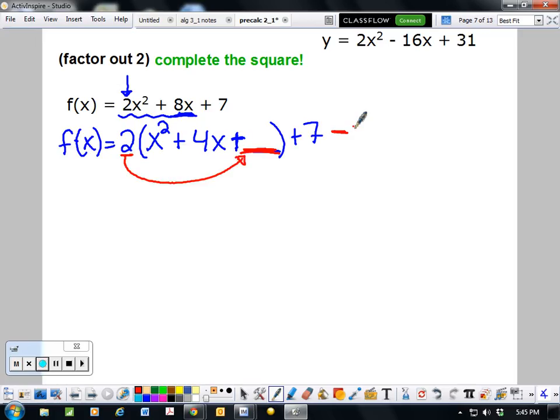So when I write this over here, I'm going to have the 2 times the blank to make sure that I have the correct number there. So from here, I'm now going to go ahead and take my middle term, divide by 2, and square that value. And that's the number that goes inside here.